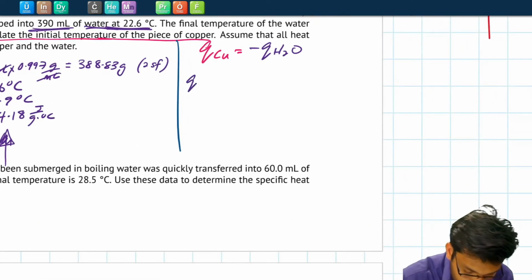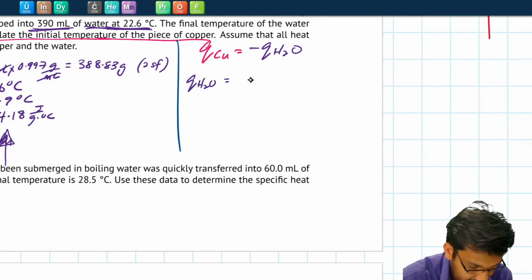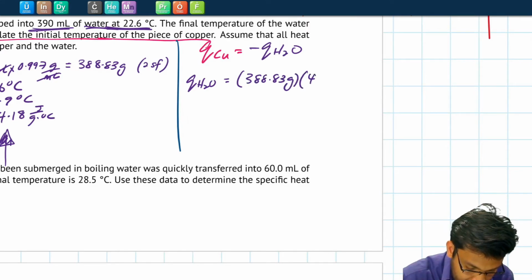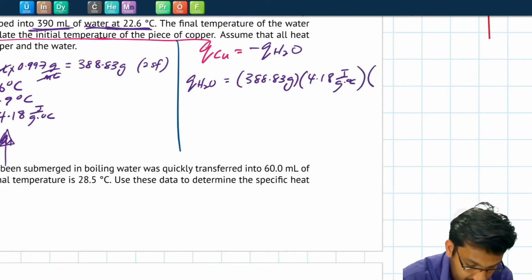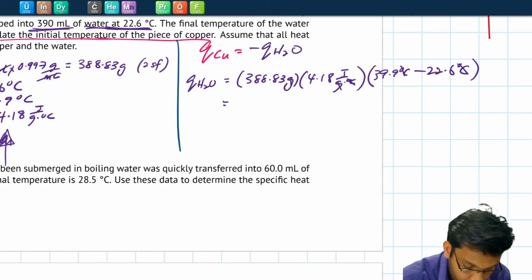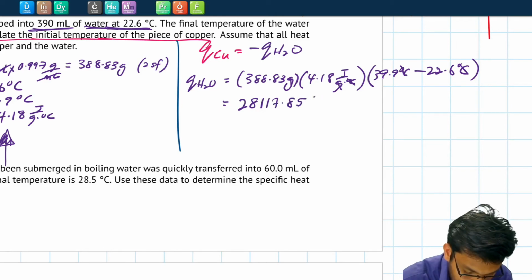So the Q from water, the heat from water, will be the mass, which is 388.83 grams, times the specific heat capacity, which we've used so many times already, times the temperature change, 39.9 degrees Celsius minus 22.6 degrees Celsius. Those will cancel out, grams will cancel out, and so the Q from water will be 28117.85 joules to 2 significant figures.